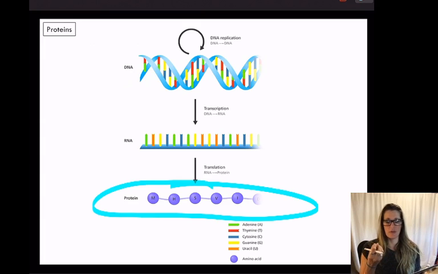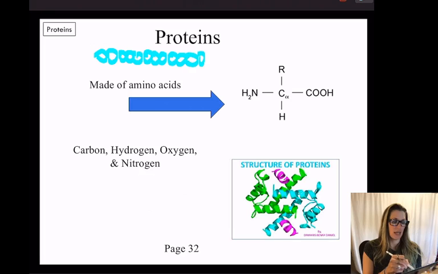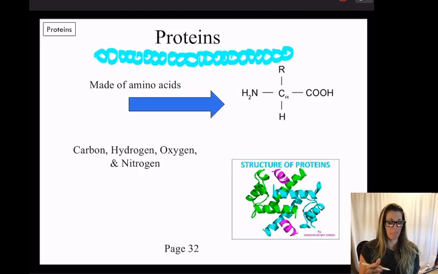Amino acids are very frequently represented that way. Proteins are a chain of amino acids, a whole bunch of them, and which amino acid goes in which order in the chain determines what the protein is going to be.